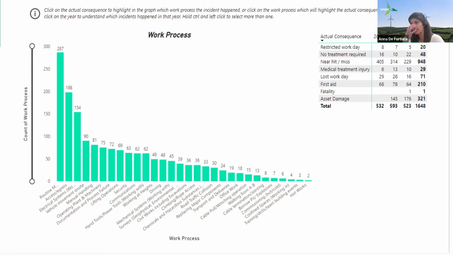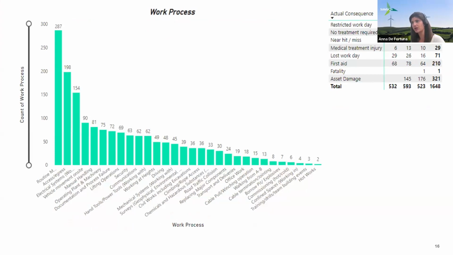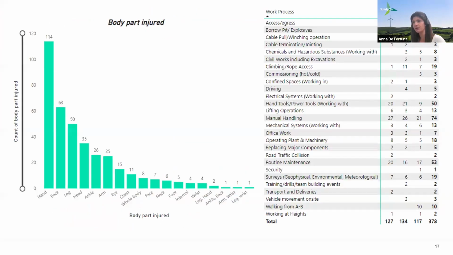And if we move on to the next slide, sorry, the slide after that, I think it's a duplicate. If we move on to this slide, we can do the same but for the body parts injured. So again, we can use the Power BI to interrogate that data, to understand within which work processes these injuries to body parts are occurring.